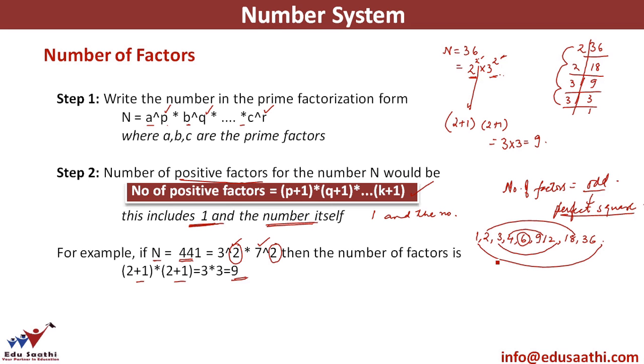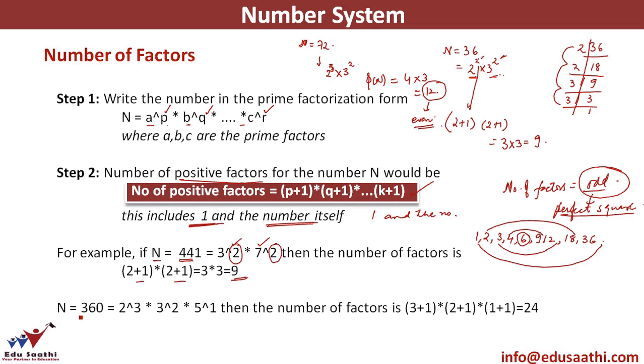If the number that I give you is not a perfect square, let me talk about 72. It is 2 cube into 3 square. The number of factors would be 3 plus 1, 4, into 2 plus 1, 3. It will be 12, which is even. So the number of factors for a perfect square is always odd.